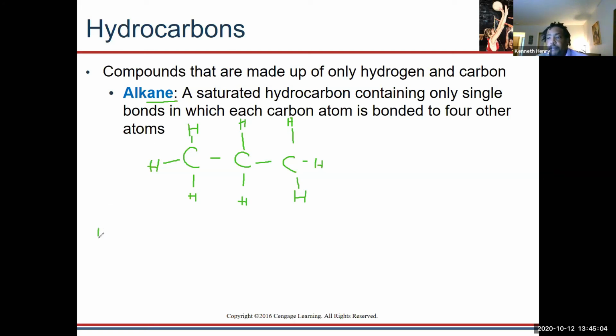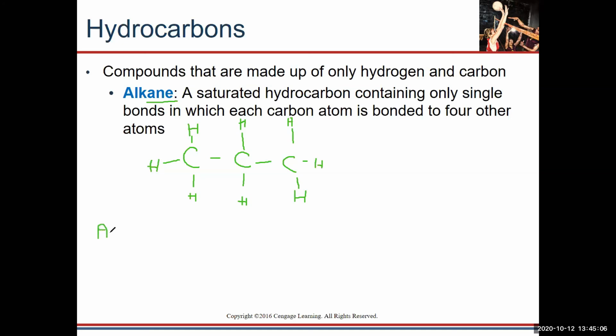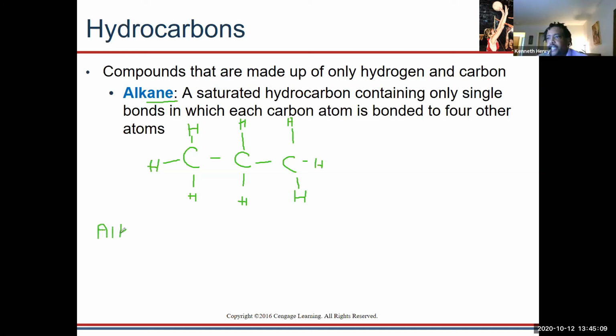The other family, like the cousins, I guess, is called alkene. The alkene family has at least one double bond.